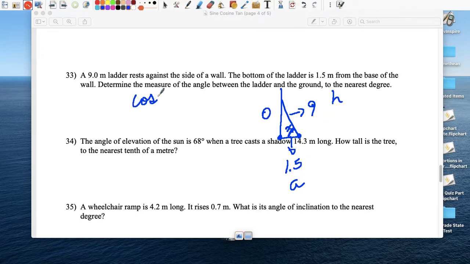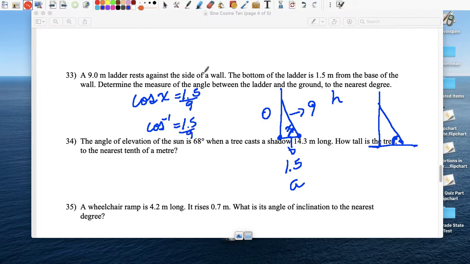So cosine of x is adjacent, which is 1.5, over hypotenuse, which is 9, and then we're going to use the inverse, right? That's what we're looking for, the angle between the ladder and the ground.